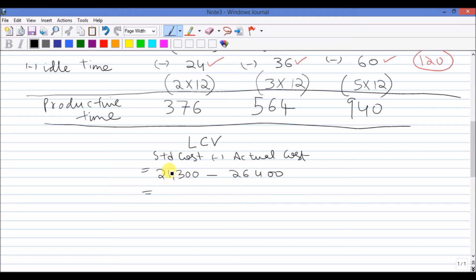It means the difference is how much? To 100. I should have spent 24,000 and I have spent 26,000. It means I've spent more. So this is adverse. So yes, we have got one variance which is adverse.